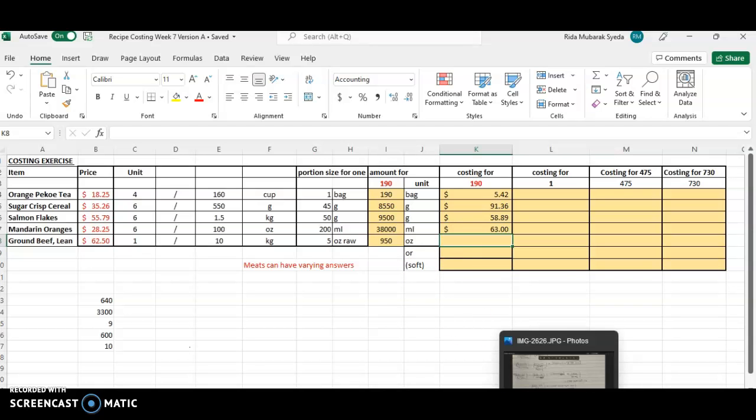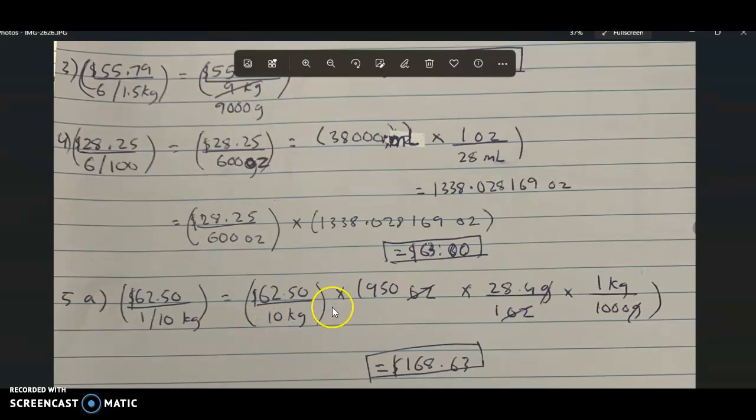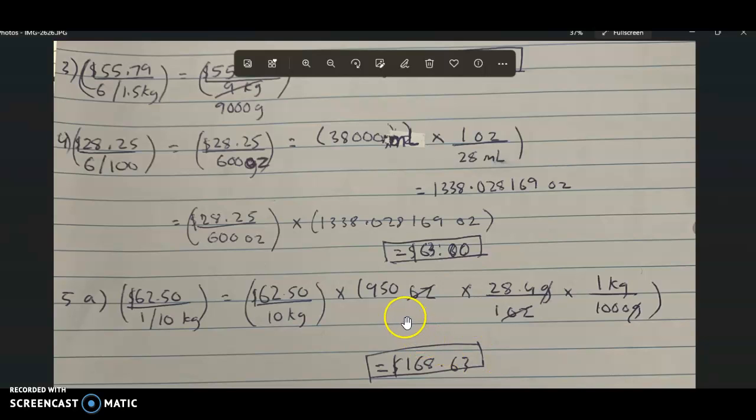So the first way we have over here is converting it from ounces to grams to kgs. And it's because over here, when we look, we have 2 different measurements. It's kgs and ounces. So what we did over here, we converted the ounces to grams and then to kgs.